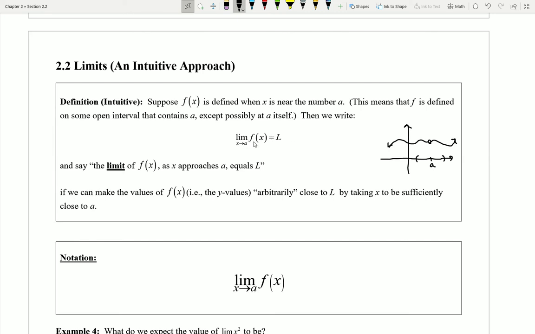We would make this claim and say that these two things are equal if we can make the values of f of x, that is, if we can make the y values of our function arbitrarily close to L by taking x to be sufficiently close to a.